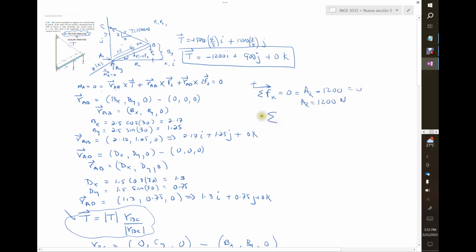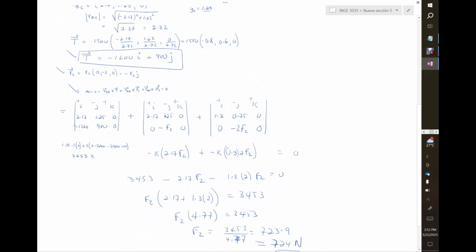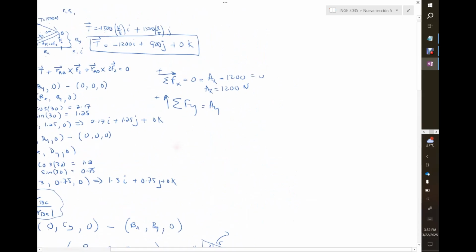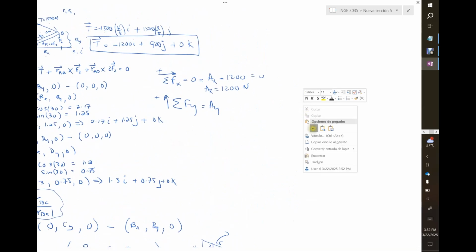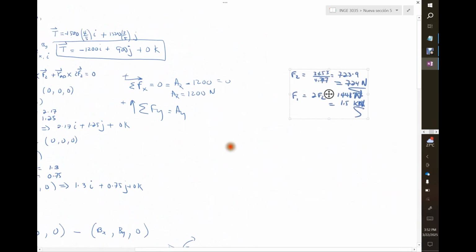How about the sum of all the forces in the Y direction? Positive in that direction equals AY going up, but then you have this force going down, and that force, F1 and F2, somewhere here. Took a while to get this done. Let me copy all this. Right there.